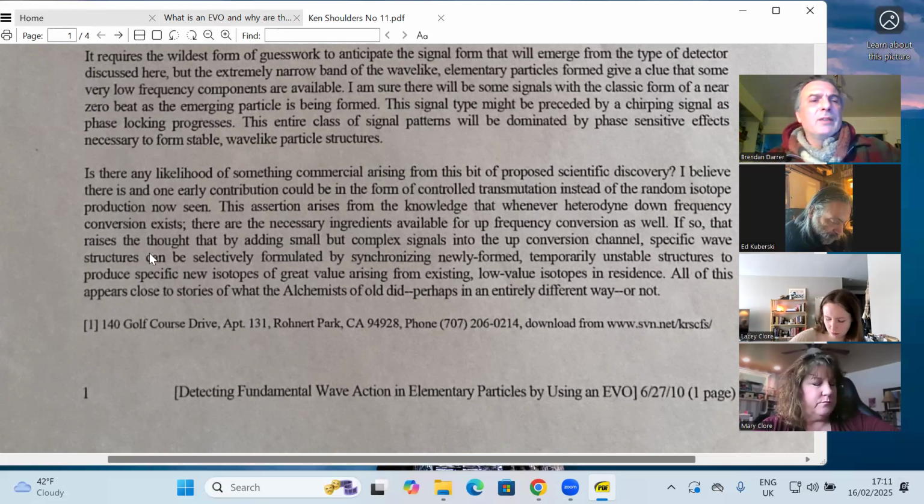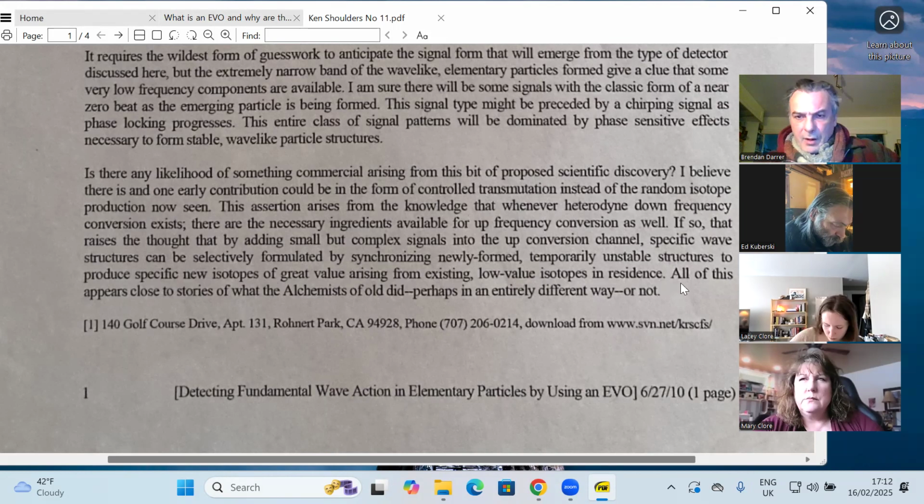If so, that raises the thought that by adding small but complex signals into the up conversion channel, specific wave structures can be selectively formulated by synchronizing newly formed temporarily unstable structures to produce specific new isotopes for great value arising from exciting low value isotopes in residence.